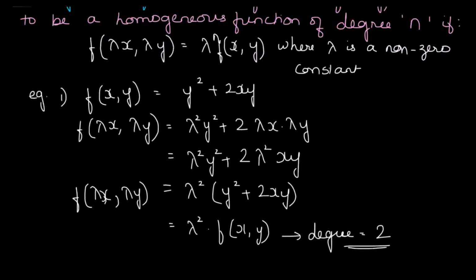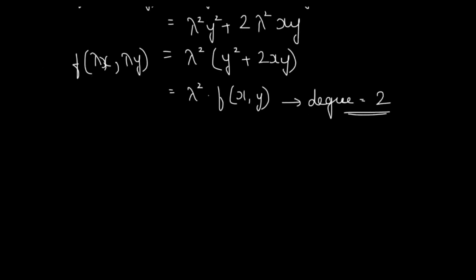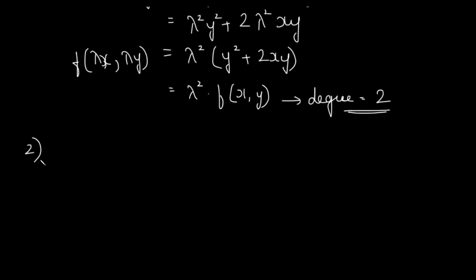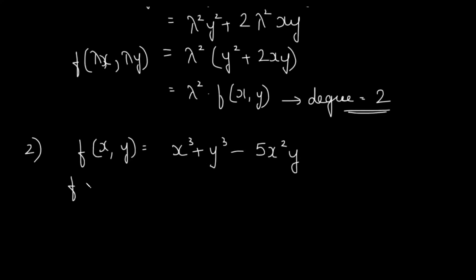Let me tell you one more example. Let me give you another example here. Say the second example. Suppose we have f(x,y) is equal to x cube plus y cube minus 5x square y. Can we convert it into the form that is f of λx, λy? Of course we can. Instead of x we'll write λx and instead of y we'll write λy.